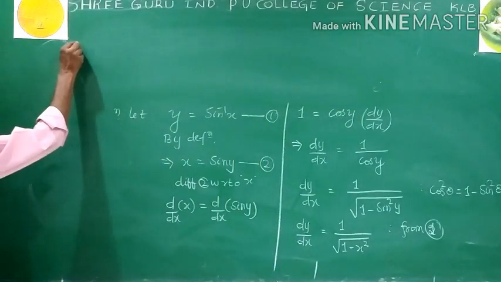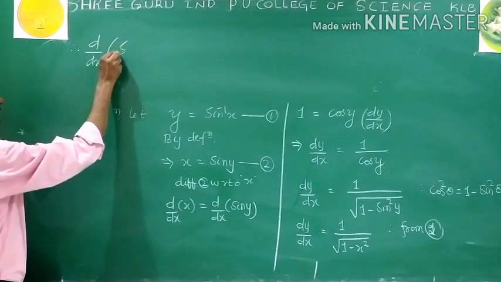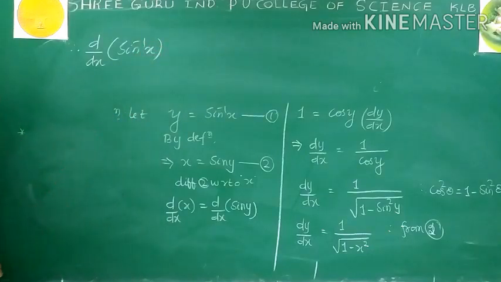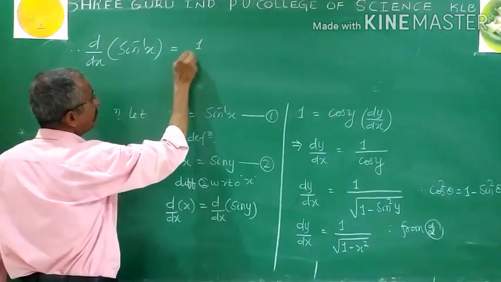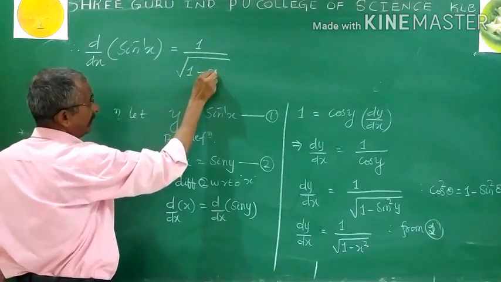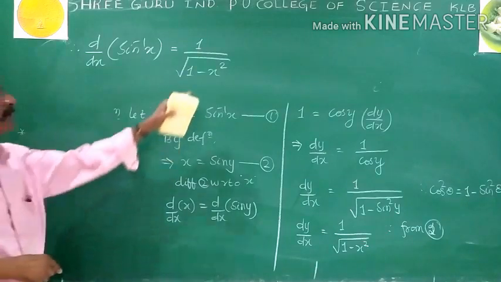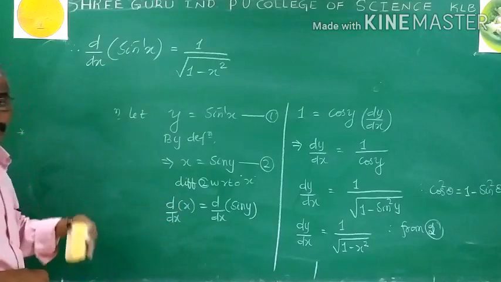What we got is d by dx of sin inverse of x, the derivative of sin inverse of x with respect to x, equals 1 divided by root of 1 minus x square. And again I repeat, this is under the conditions of domain and range, which is not mentioned here, understood. X must belong to the interval minus 1 to plus 1, of course an open interval, not a closed interval.